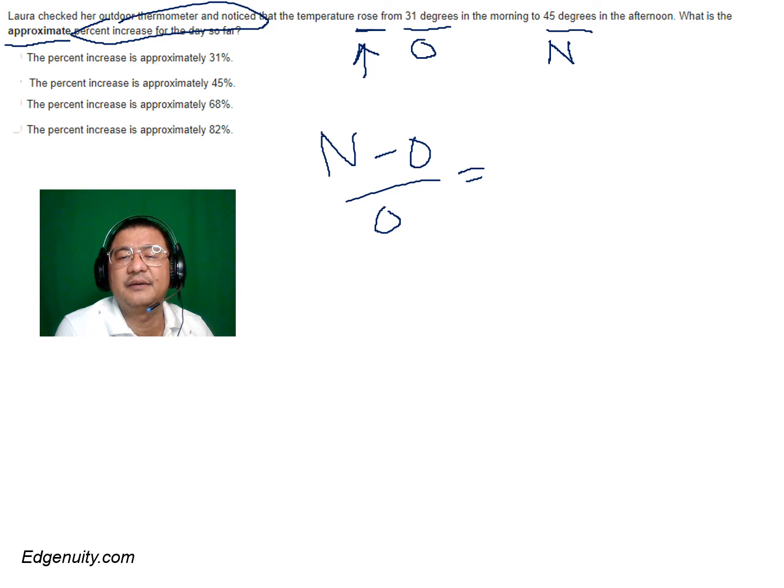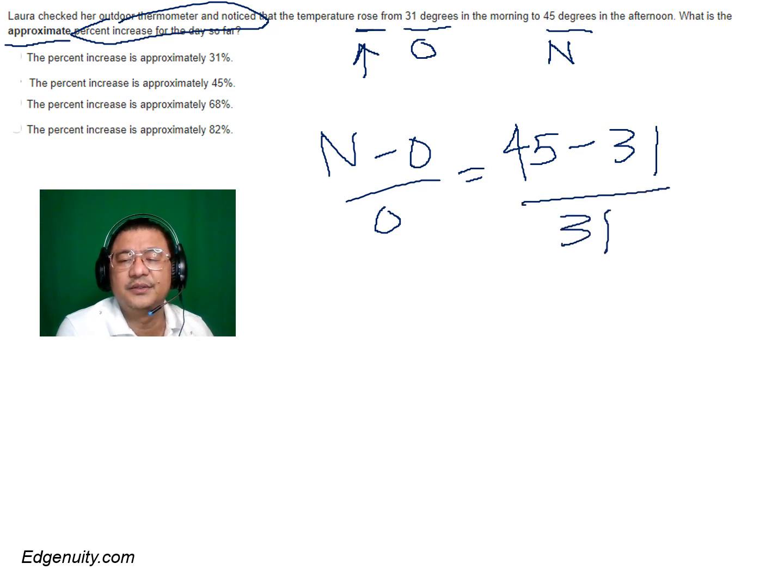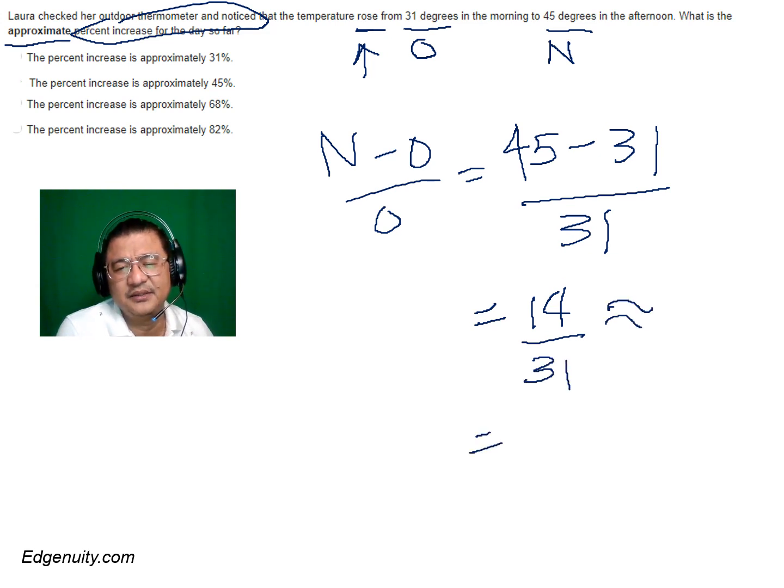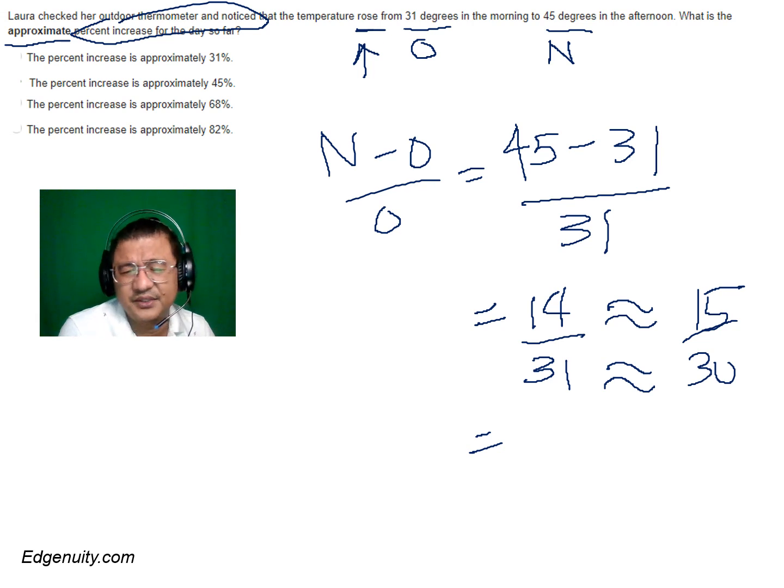So let's write it down: 45 minus 31 over the old one, which is 31. 45 minus 31 is 14, over 31. You could estimate that 14 over 31 is almost equal to 15 out of 30, which is just like one half.